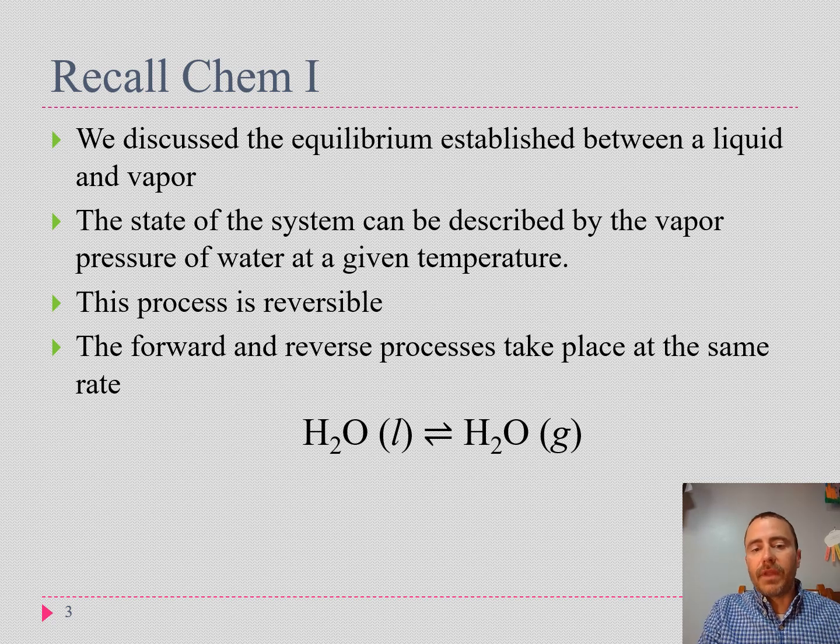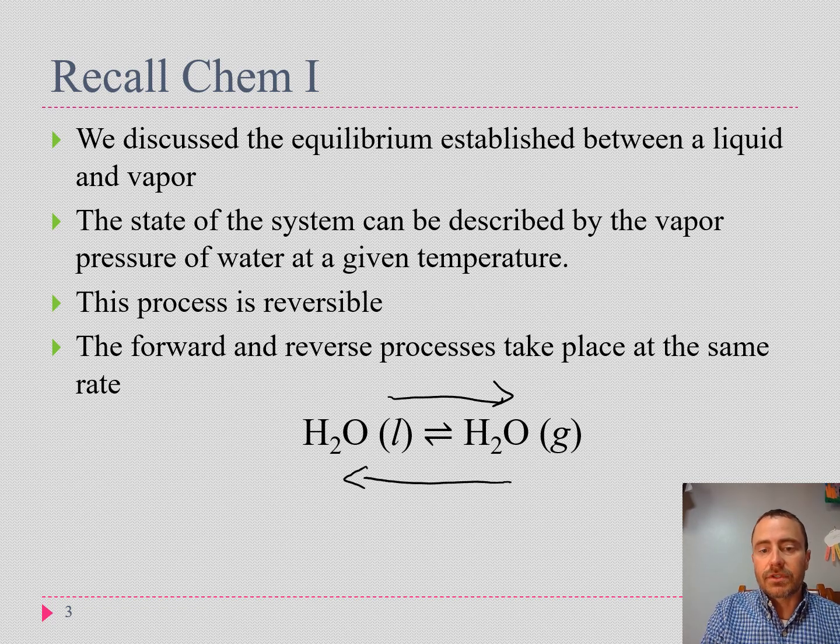Not only is the liquid evaporating, going in the forward direction, but the gas is condensing, which is going in the reverse direction. We show that as these reversible arrows there. Both of these processes are taking place at the same rate, and so overall, the amounts don't change over time. That liquid level is going to remain constant until I open my bottle of water.